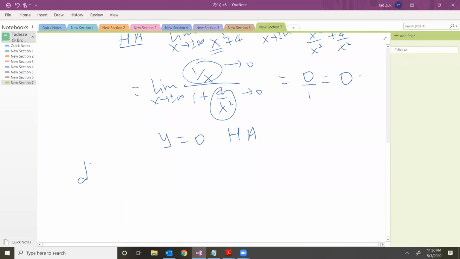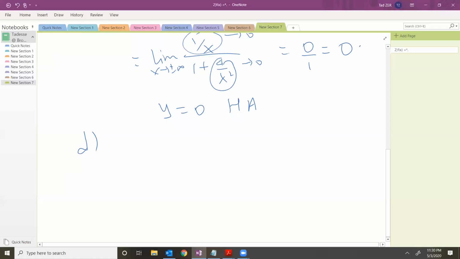All right, so the next step is I want to find the derivative, because for finding the intervals where f is increasing, decreasing, critical numbers, relative max, and relative min, I need to find the derivative. So let's find the derivative using the quotient rule. What is the derivative of x? 1 times x squared plus 4 minus x times the derivative of x squared plus 4, which is 2x, divided by x squared plus 4 squared. Okay?